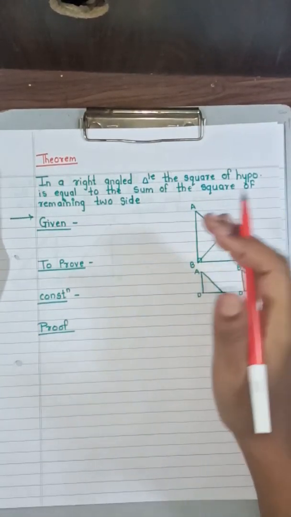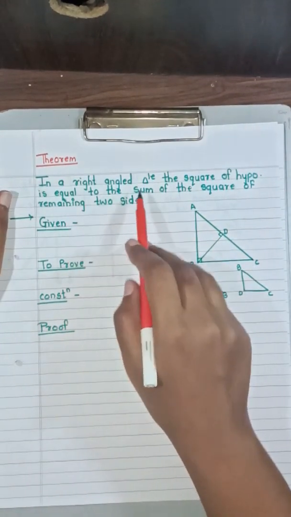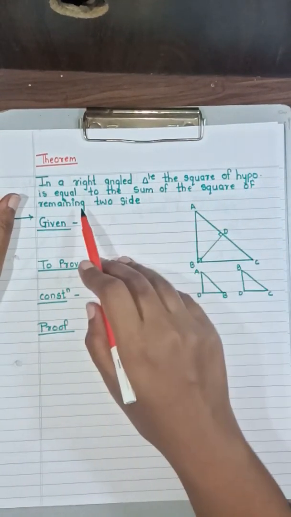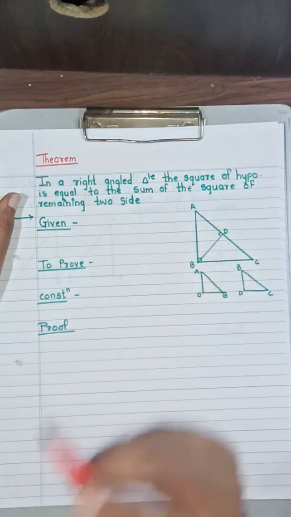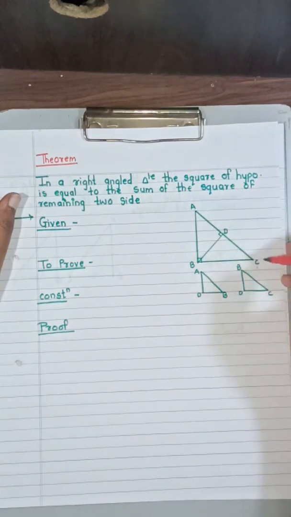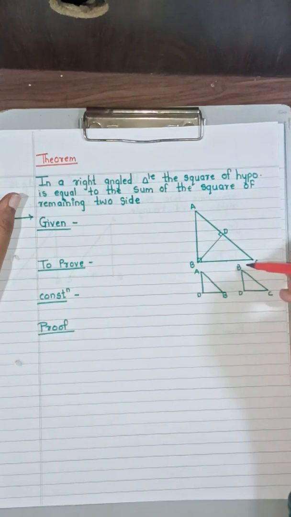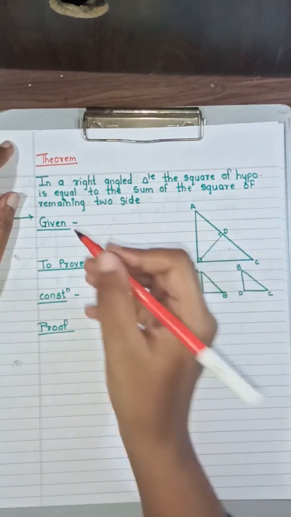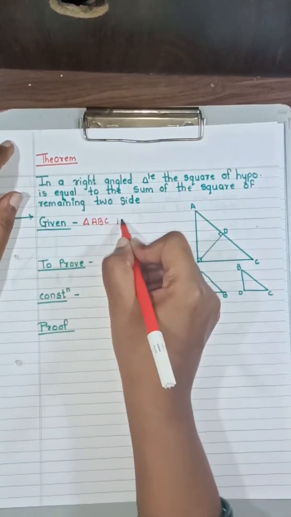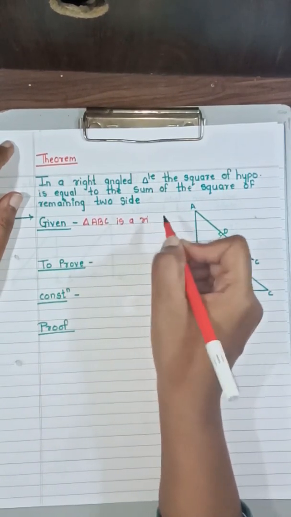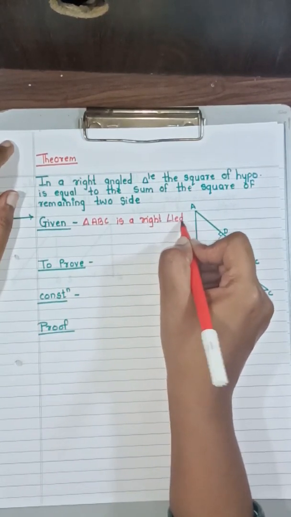Now let us move on to the very important theorem of this chapter. That is, in a right angle triangle, the square of the hypotenuse is equal to the sum of the squares of the remaining two sides. What we have to prove is that the square of the hypotenuse, that is AC square, is equal to AB square plus BC square. We'll write down the given things. Triangle ABC is a right angled triangle.